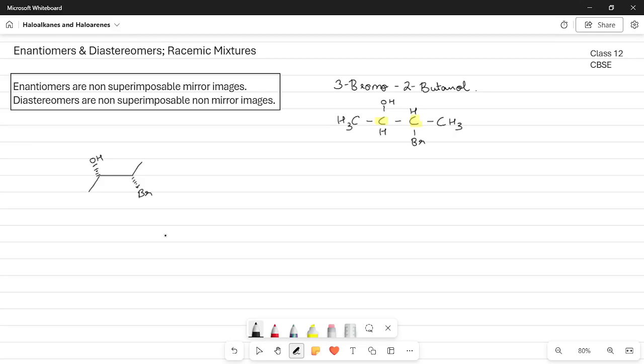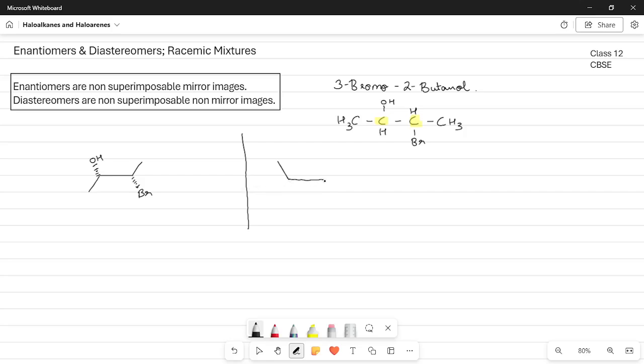Now, let's assume you have a mirror in the center. So the mirror image for this particular thing would be just flipped, right? So if it flips, you would have this carbon at the top, and then you'd have a straight line representing the bond between these 2 carbon atoms.